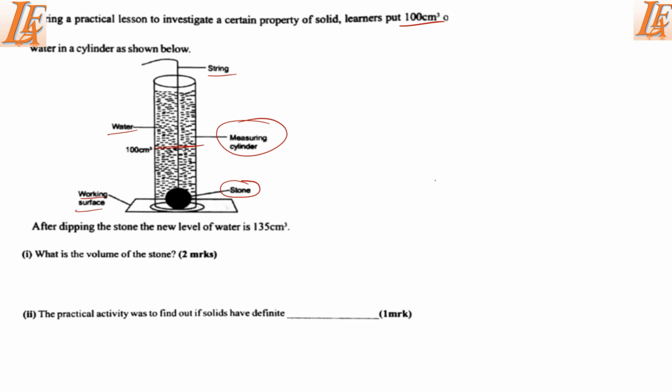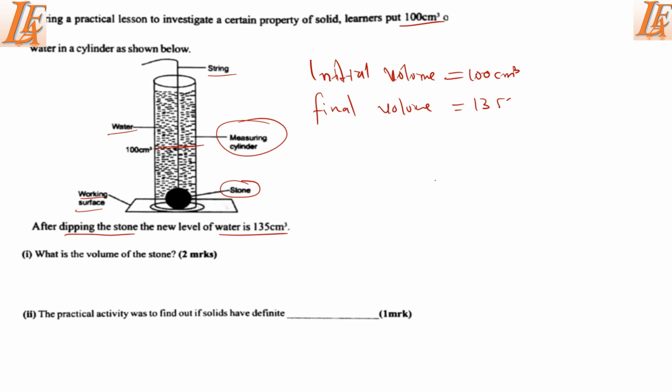So the initial volume of water is 100 cubic centimeter. After dipping in the stone, the new level of water is 135. So the final volume after dipping the stone is 135 cubic centimeter. This one is for stone plus water. Initial was just water only.